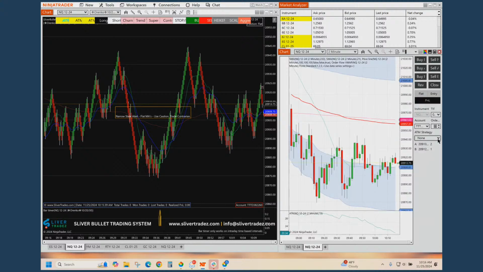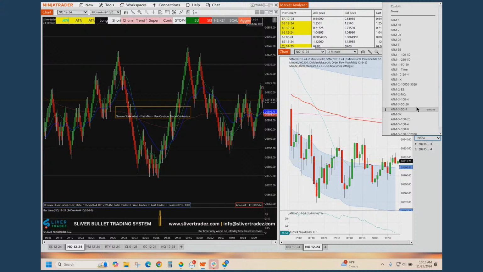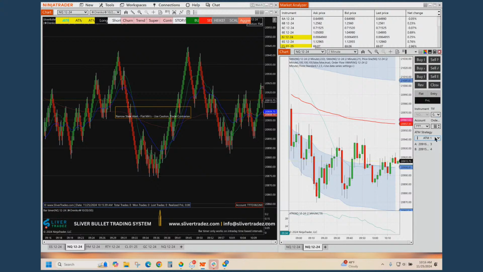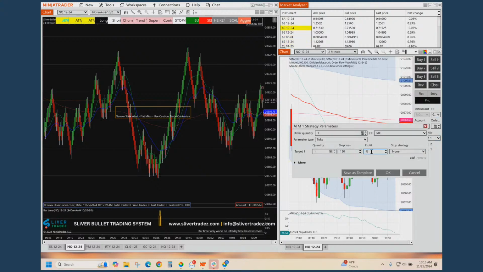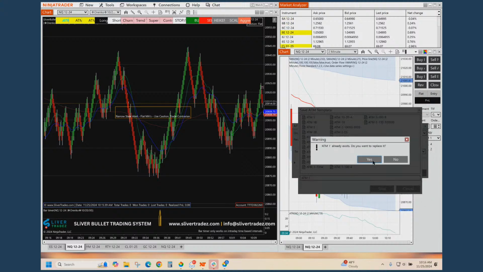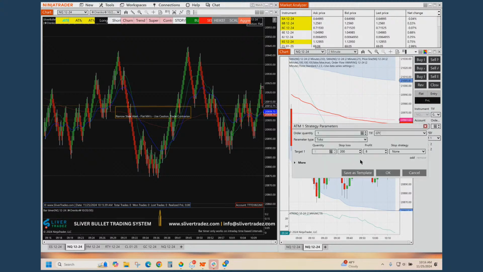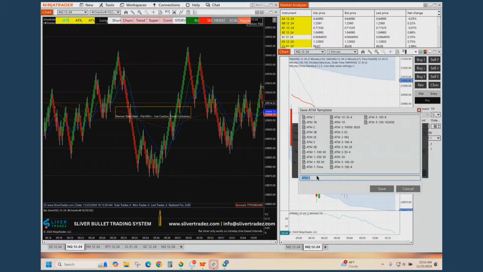Chart trader. So I do not have one. I'll create one ATM. I'm going to update it to the original value. Save it as template. Okay, and I'll create one more. Save as template.